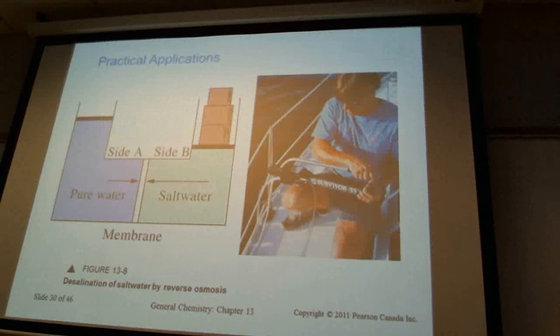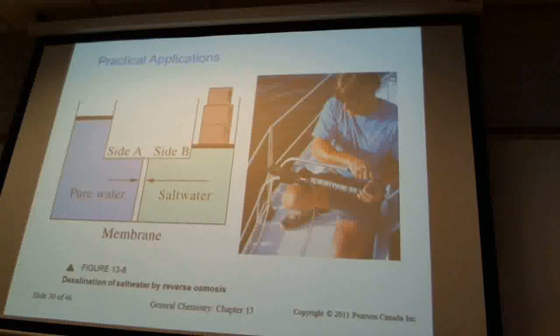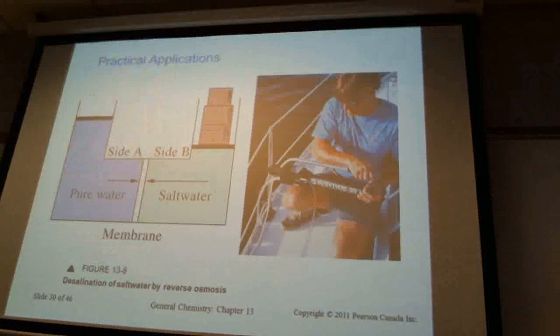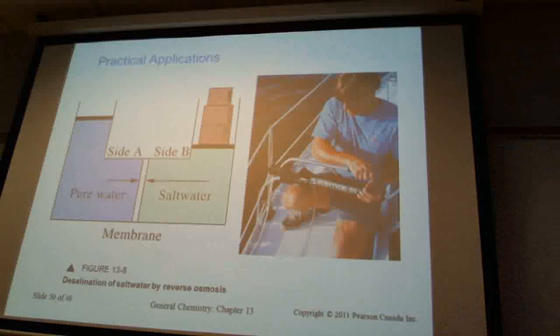There's another way we can visualize osmotic pressure. The other way is just strictly with vapor pressure. If we have a semi-permeable membrane here, and on one side we put, let's say, water, and on the other side we have some kind of salt solution.